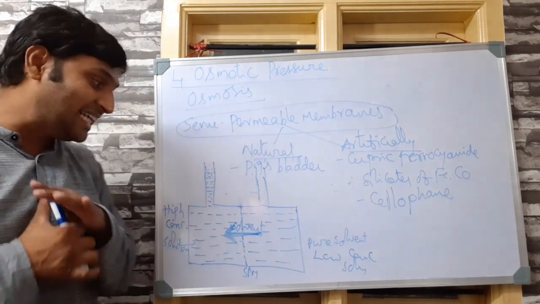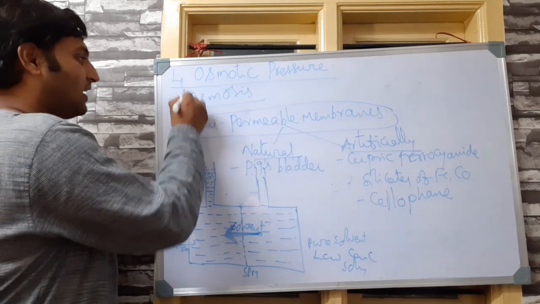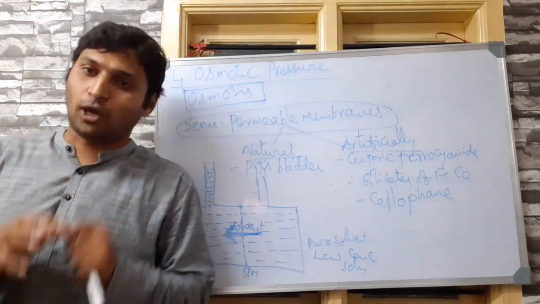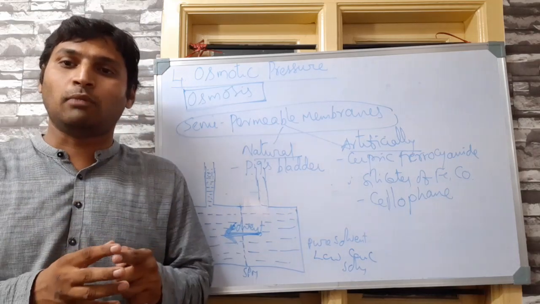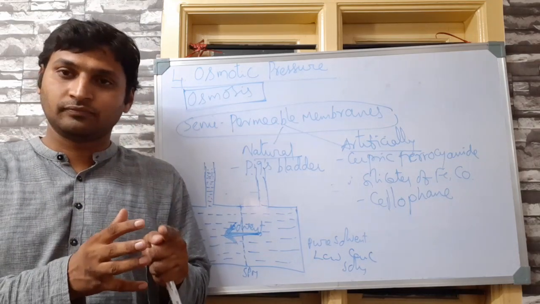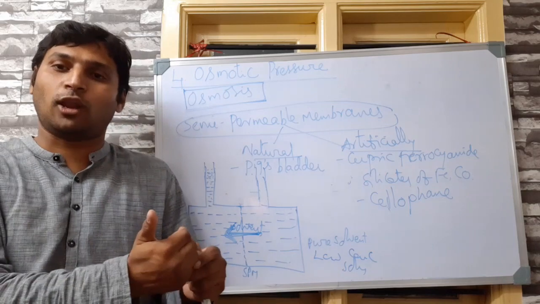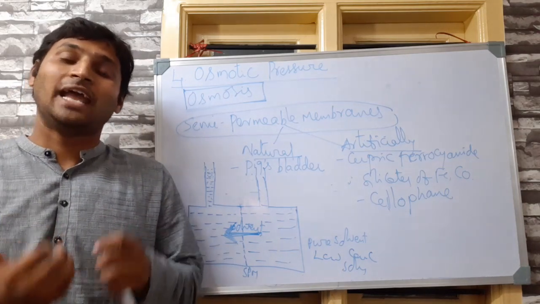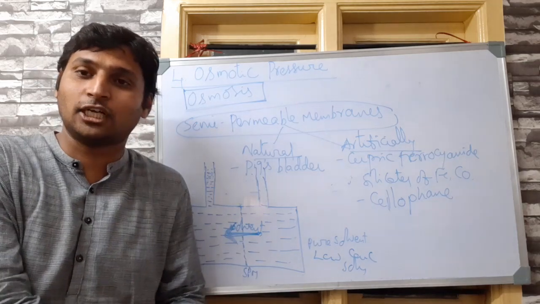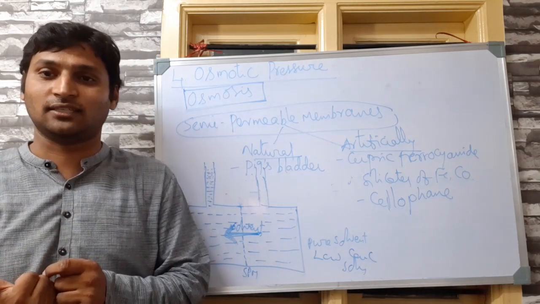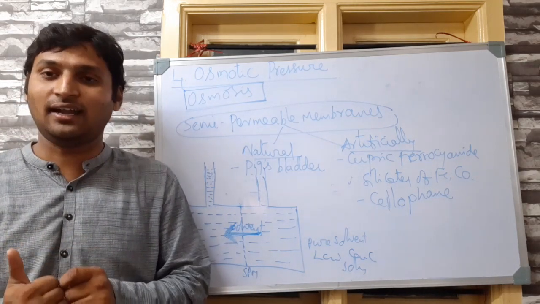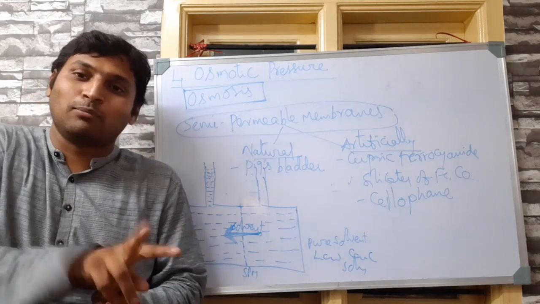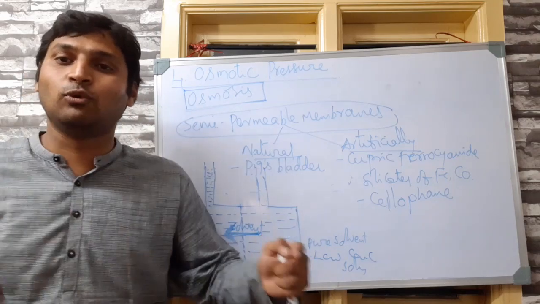This phenomenon is exactly what is called osmosis. It is the phenomenon by which solvent molecules move from pure solvent to solution, or from a solution of lower concentration to that of higher concentration, and the movement continues until the concentration is reduced and both concentrations become equal.